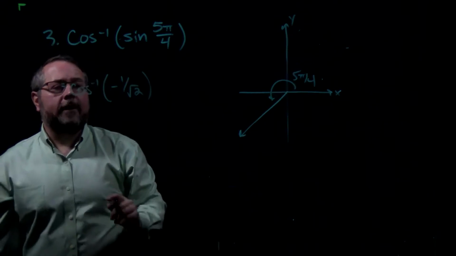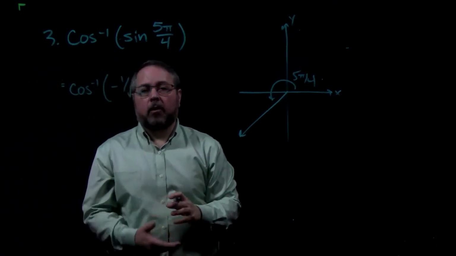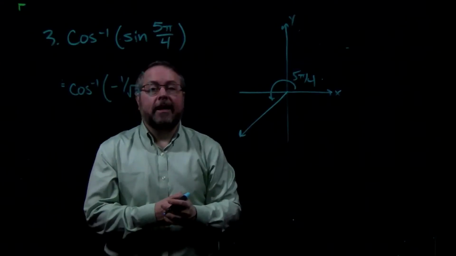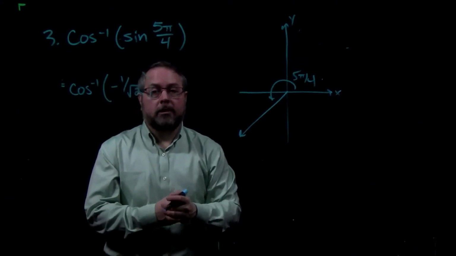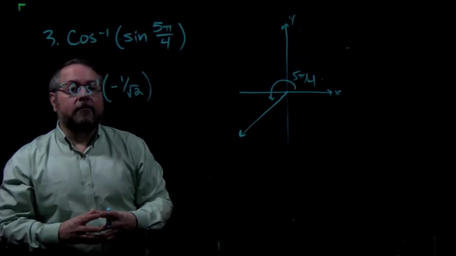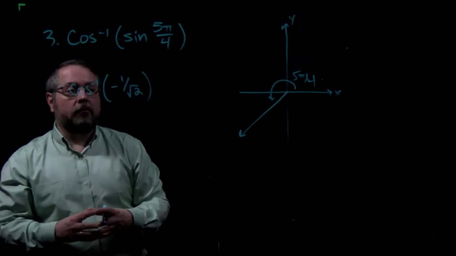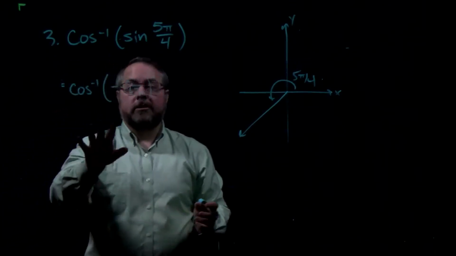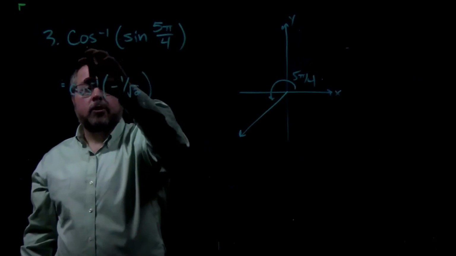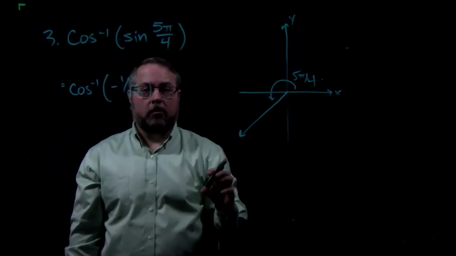And the sine of 5 pi over 4 is negative 1 over square root of 2, or if you prefer rationalizing denominators, negative square root of 2 over 2. Okay, so now we're just evaluating the inverse cosine of negative 1 over square root of 2. So this is going to be some angle between 0 and pi, whose cosine is negative 1 over square root of 2.